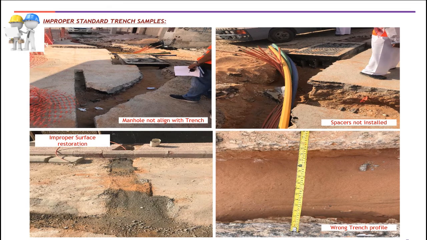Okay, I just want to show you some of the pictures that were taken during the implementation phase. In the first picture on the upper left, the trench is not aligned to the manhole. Okay, it only means that the contractor did not follow the correct process prior to implementation.